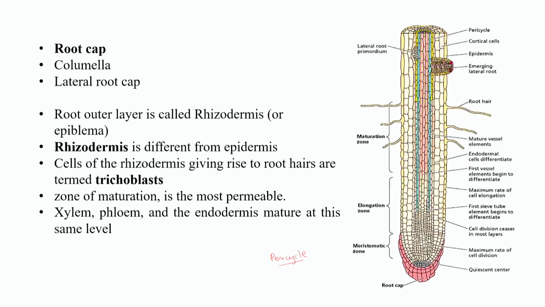So you can see that after the zone of maturation, lateral roots will be formed. Now the rhizodermis cells which give rise to these root hairs are known as trichoblasts, and root hairs are basically single cells, just an enlargement of the outer layer cell which is giving rise to those root hairs.